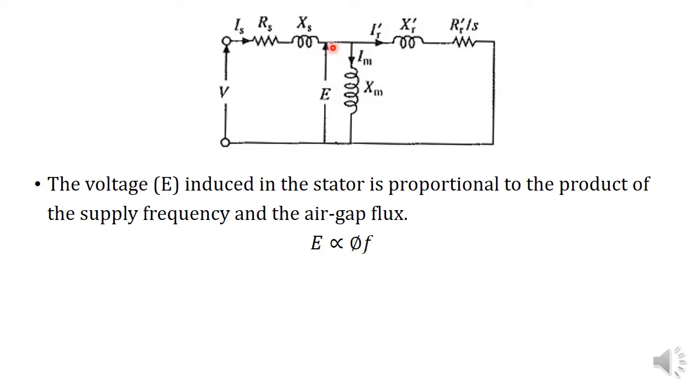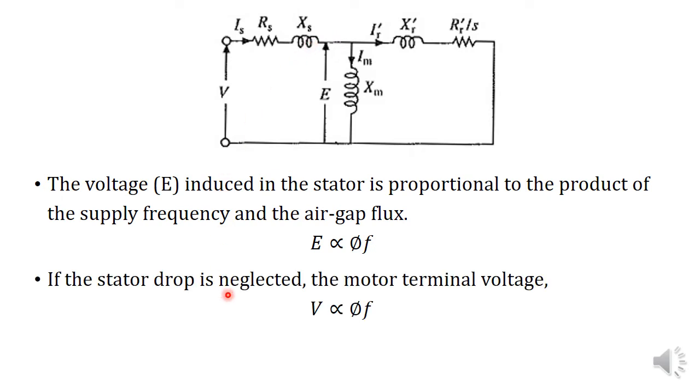Now for simplicity, we are going to neglect the stator drop. So by neglecting the stator drop, the motor terminal voltage, that is V, becomes equal to E, because we have neglected the drop in this impedance. So V equal to E.